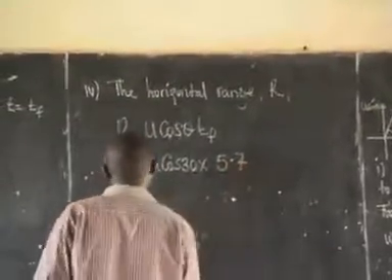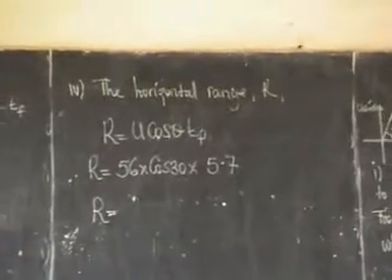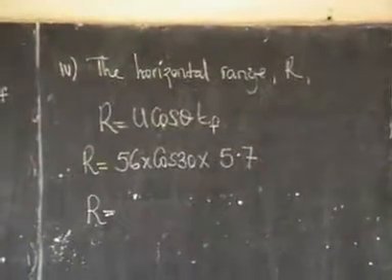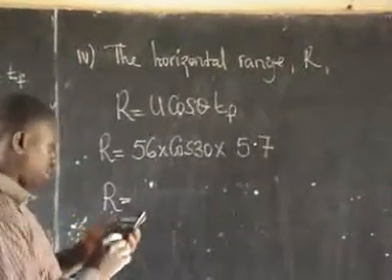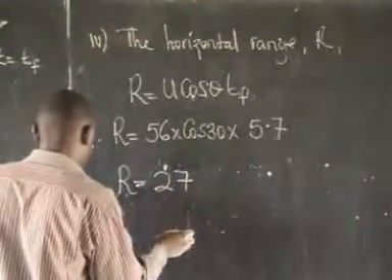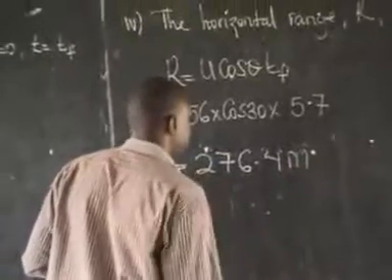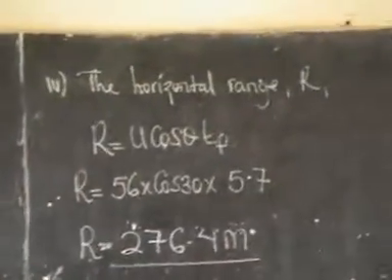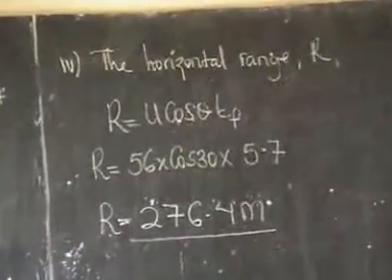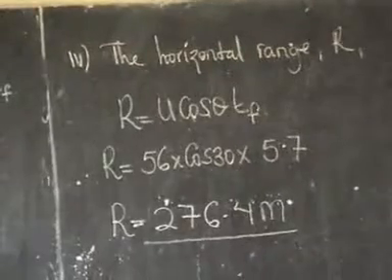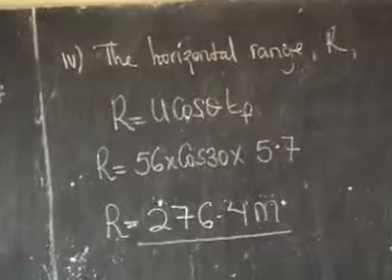If 5.7 is wrong, definitely it will also make the range wrong. So you have to be sober in finding the value of TF. So 56 cos 30 times 5.7 is 276.4 meters. That will be the horizontal displacement for the body projected at that speed of 56 meters per second at an angle of 30 degrees above the horizontal.